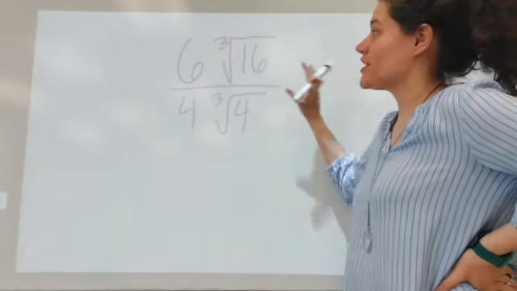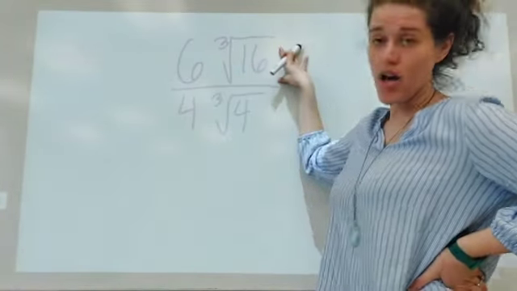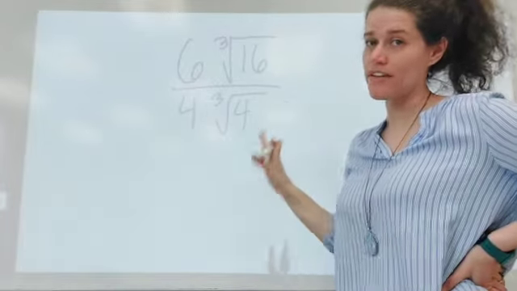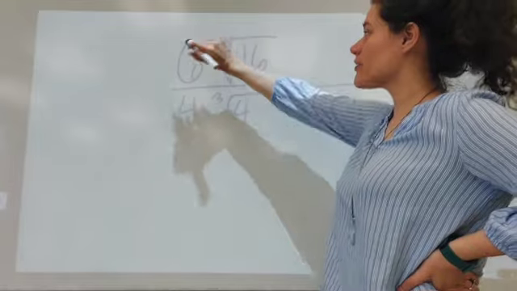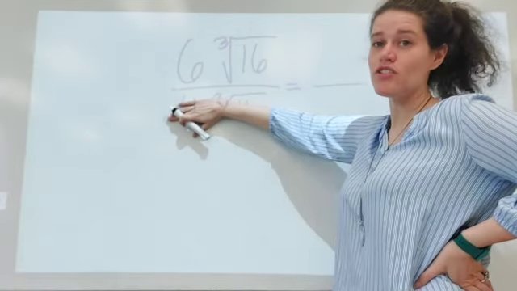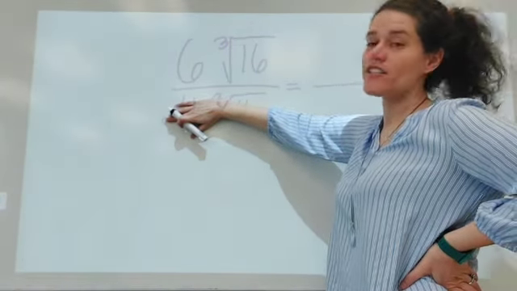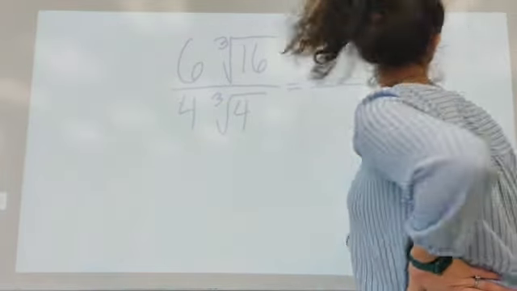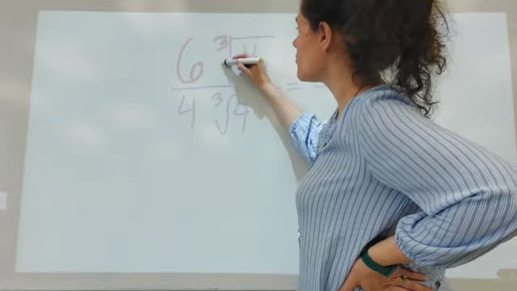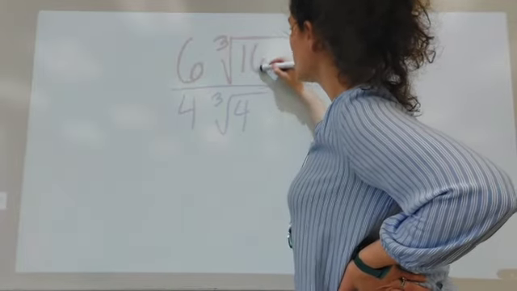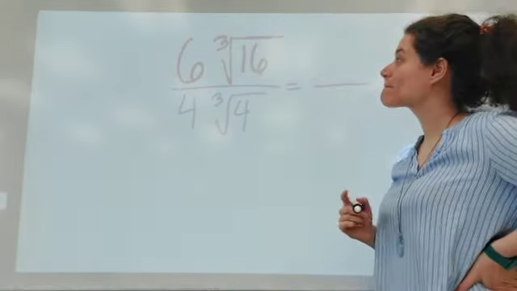So what we need to do is simplify the top just like it's one separate thing from the bottom. Okay, so if we look, we just ignore the bottom for now, just look at the top. If you were trying to simplify this radical, so 6 cube root of 16.